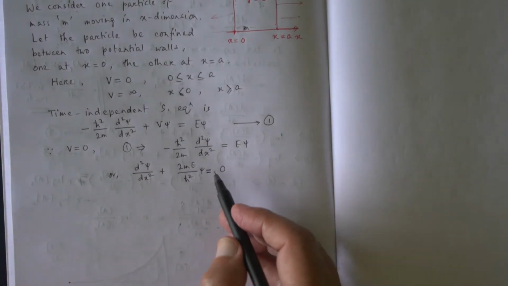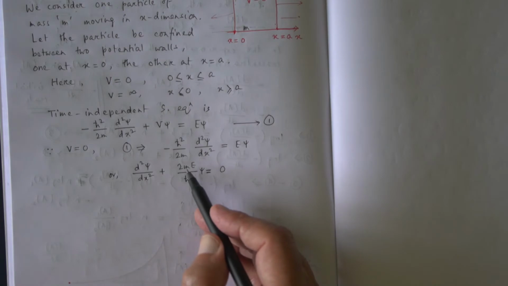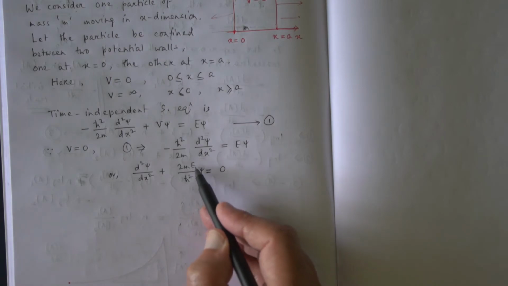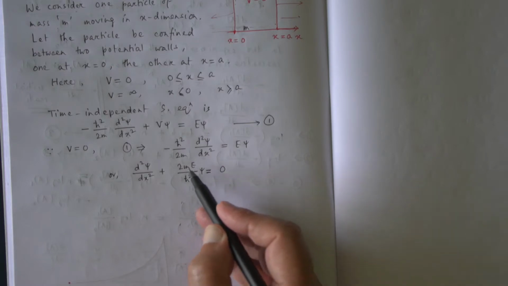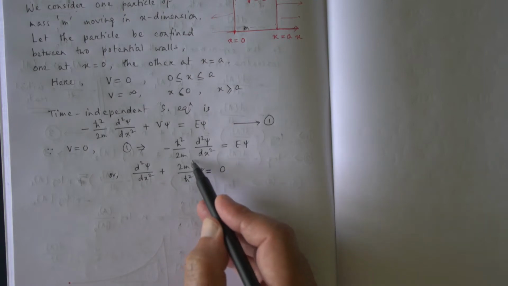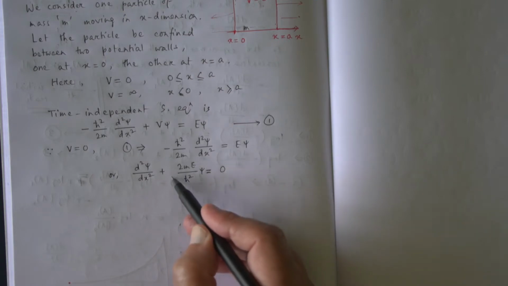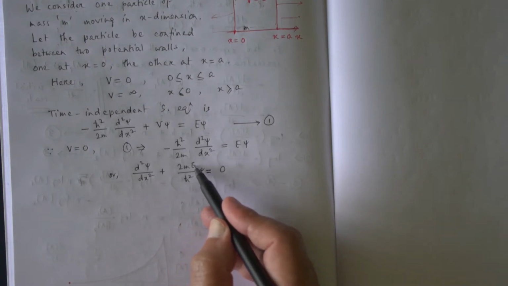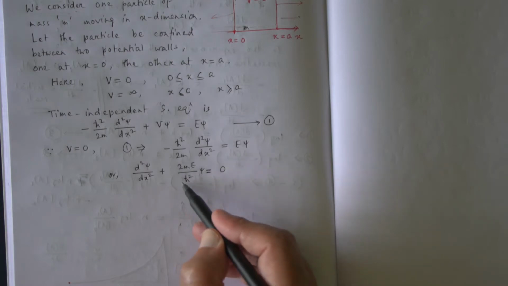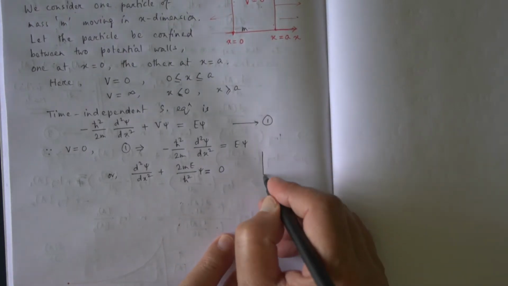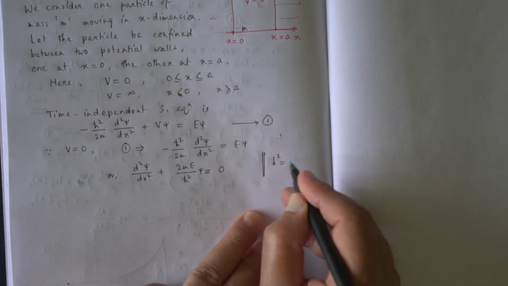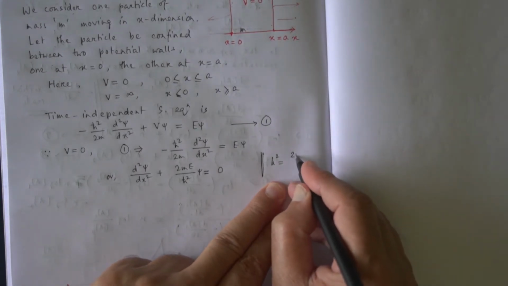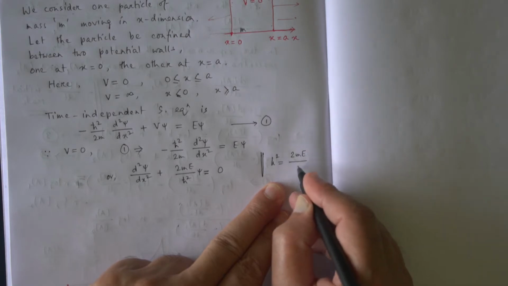Now here m, mass of the particle, is constant. E, total energy, is constant. H bar means h by 2 pi, constant. So this whole thing, 2mE by h bar square, is constant. Let us write k square equal to 2mE by h bar square.